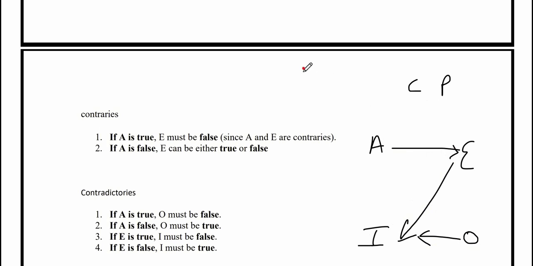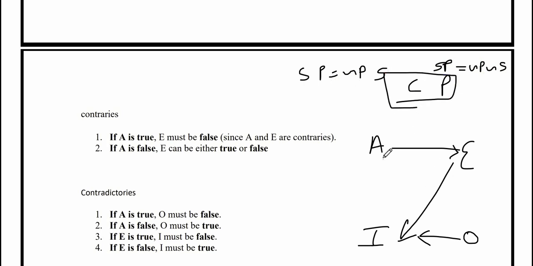Partial contrapositive, SP becomes PS, but P is negative. In full, SP becomes non-P, non-S. For the full, A remains A, O remains O, E changes to O. I am redrawing this diagram again.